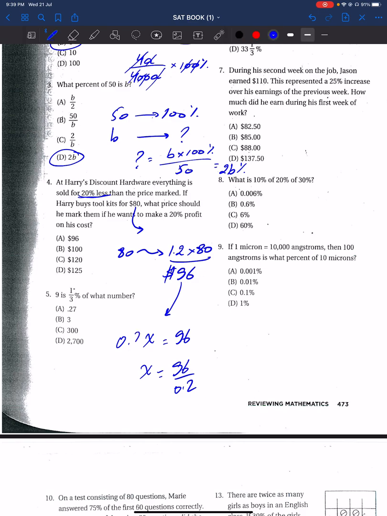Actually, this should be 0.8 because we're on sale for 20%. So 96 divided by 0.8 actually, that's 120. So your answer should be choice number C. Next question.